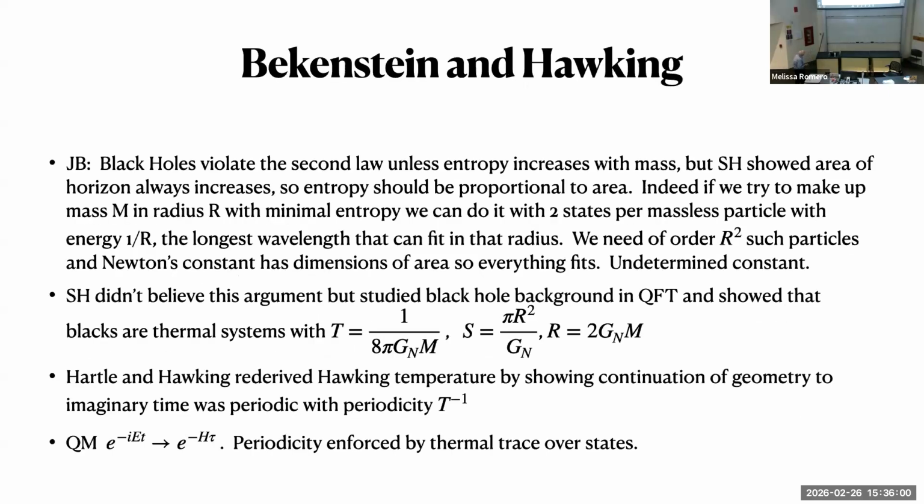Now, in gravitational physics, there seems to be a problem with the concept of entropy that was first pointed out by Jacob Bekenstein. Bekenstein was thinking about entropy in the presence of black holes. And back in those days, this was in the early 1970s, people thought of a black hole as just a unique thing.